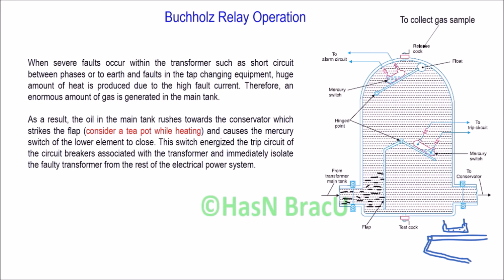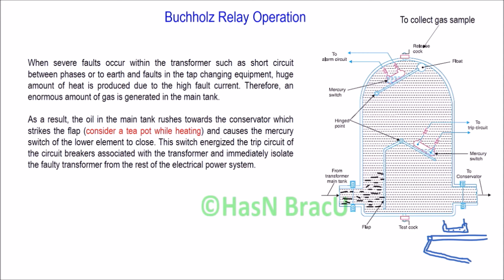Now what happens during a serious fault? When a severe fault occurs within the transformer, such as short circuit between phases, a huge amount of heat is produced due to the high fault current. Therefore, a huge amount of gas is generated in the main tank.